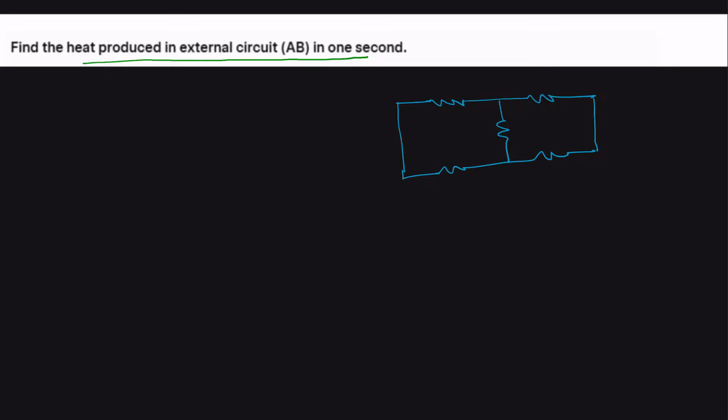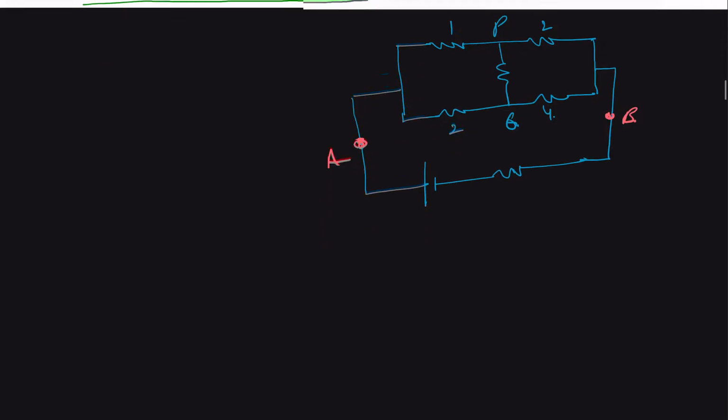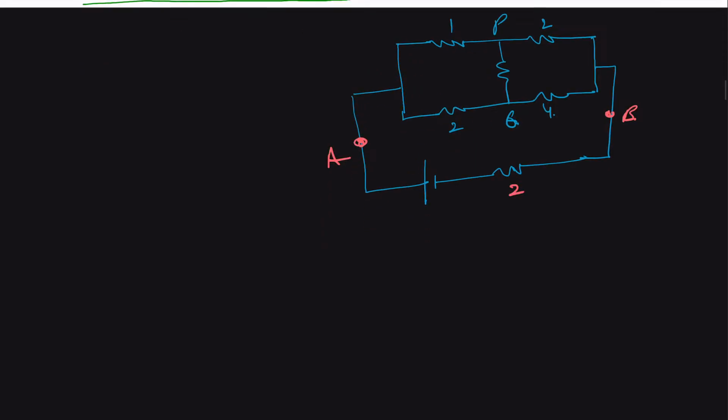This is supposed to be 1, 2, 2 and 4, and this is our P. Let us suppose this is our Q, and then we have a voltage source and resistance, and this is our circuit, and this is point A, and this is given as B, and this is given as 2 ohm, and we have a voltage source of 20 volt.